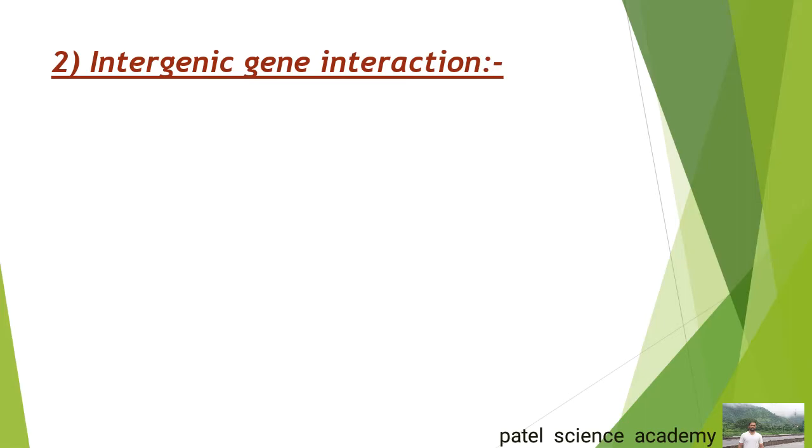So what is the difference between intragenic and intergenic? Intragenic is the interaction between the alleles of the same gene, while intergenic is the interaction between the alleles of different genes present on the same or different chromosomes.